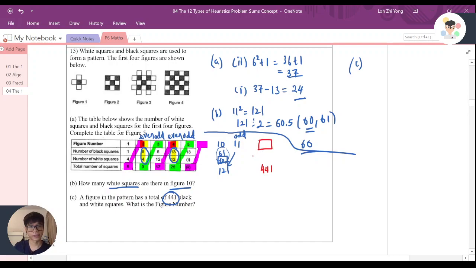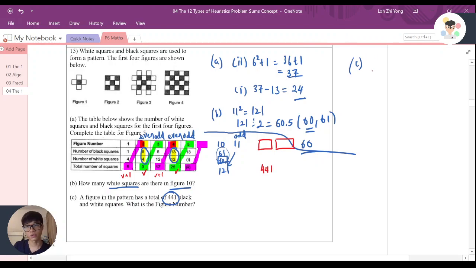Again, what is interesting is that the total number of squares will be either a perfect square, as you can see from the green color highlight, or a perfect square plus 1. So 441, if it is a perfect square, means that I will know the answer straight away, right? So let's try to square root 441.